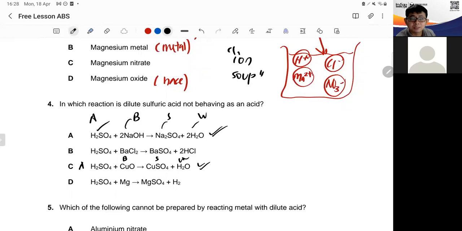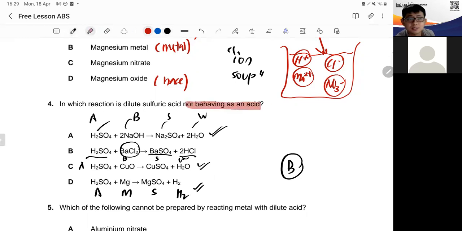Correct, as expected. D. Metal plus acid gives you salt and H2 gas. It is doing its job. B is the weird one, because acid plus this thing becomes 2 other things, which falls outside of what you know acids can do. So this is hinting that perhaps the role of the acid here is not an acid, just a reactant to perform another type of reaction. That's what they mean by not behaving as an acid.